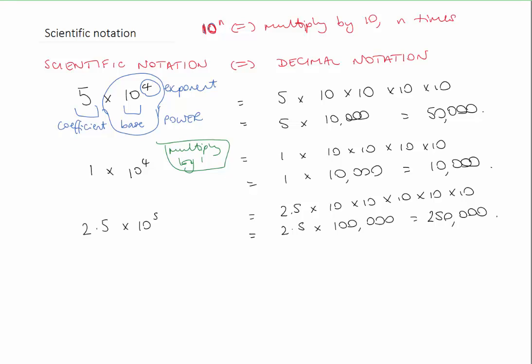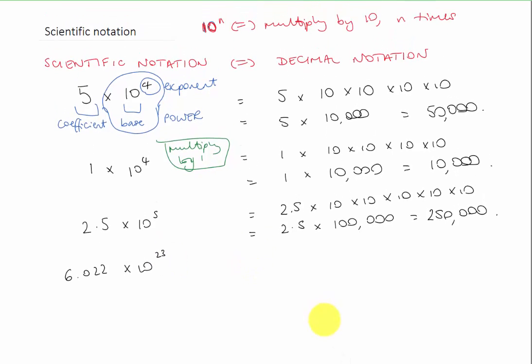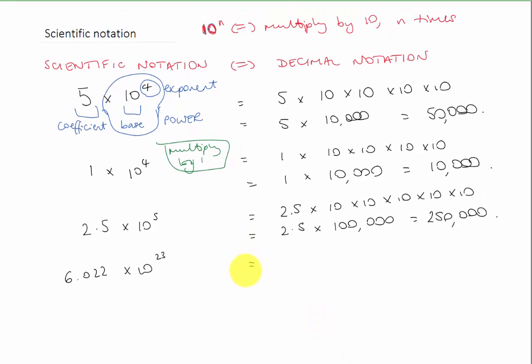Okay, one final example for this page. This is a number that should be quite familiar to you. Here's Avogadro's number, 6.022 times 10 to the power 23. So there we've got 6.022 times 10, 23 times.